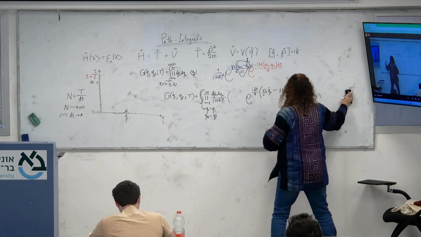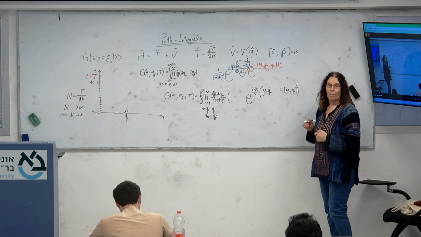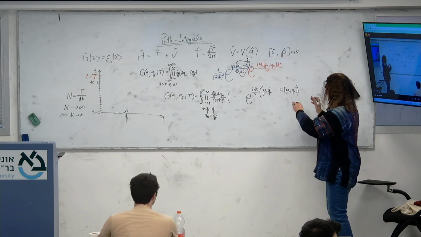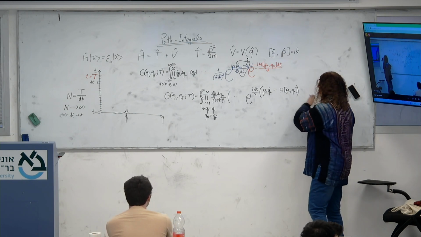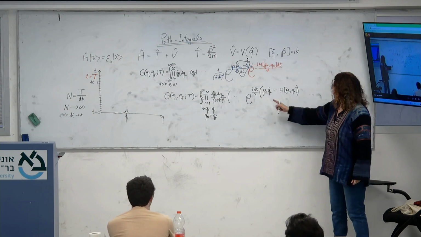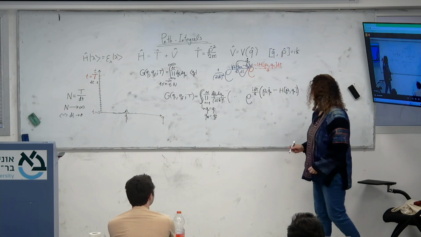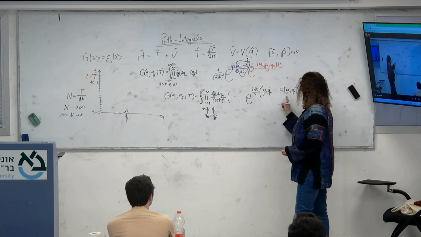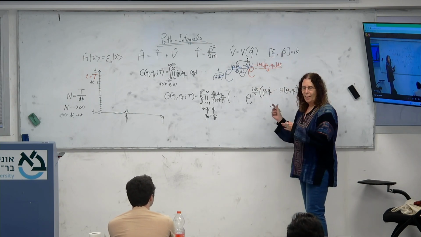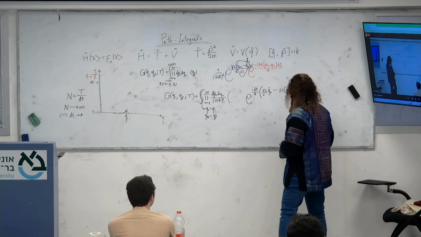Okay, this is in the nth step, but I have this going from n equal 1 to n equal capital N. And exactly as Joseph said, this is nothing but the Lagrangian, or basically the Legendre transform. It's the Legendre transform, okay?